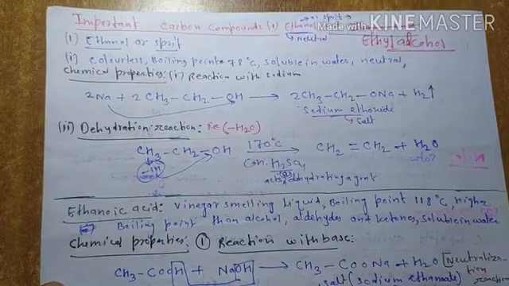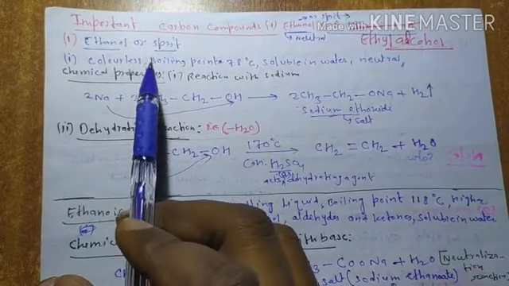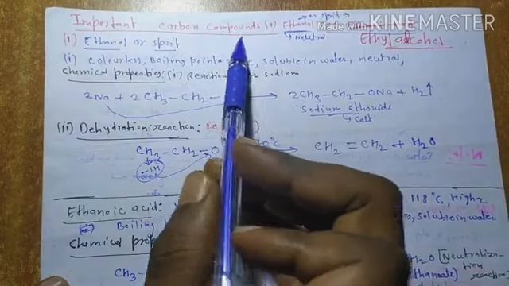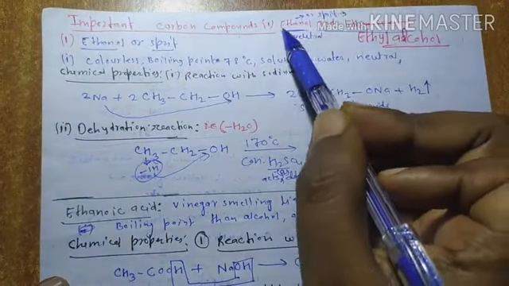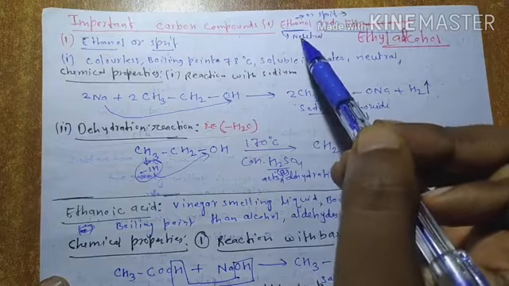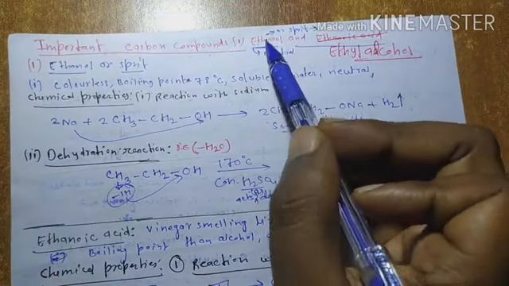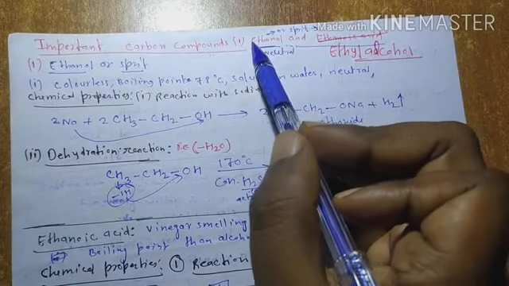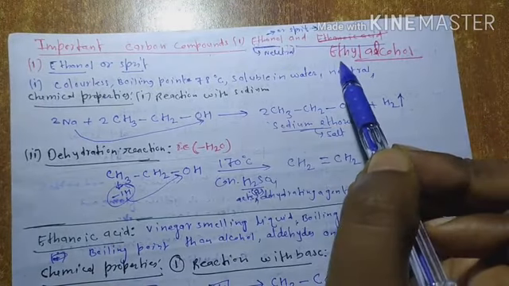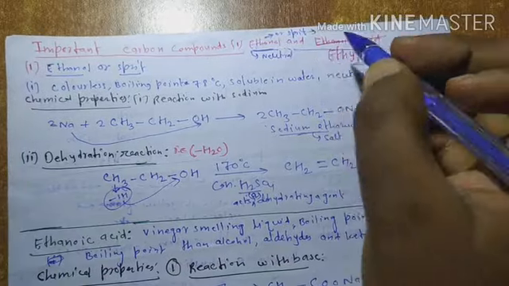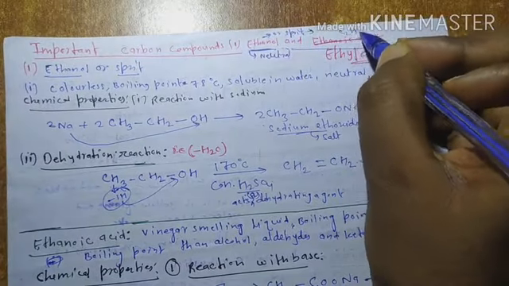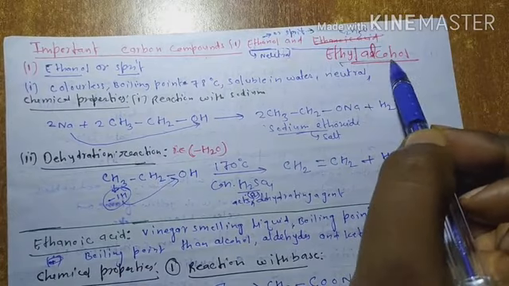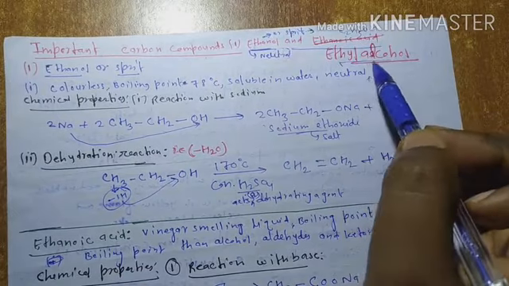So the next topic is important carbon compounds. In important carbon compounds, we have to study ethanol or spirit. Ethanol is neutral, remember it. Ethanol is the IUPAC name, C2H5OH. The common name is ethyl alcohol, right?